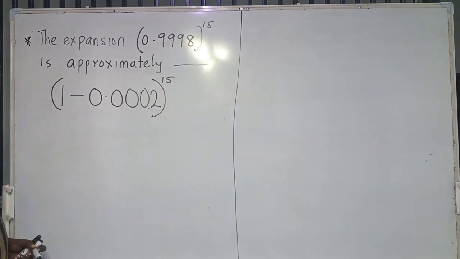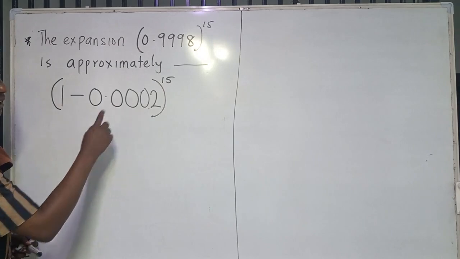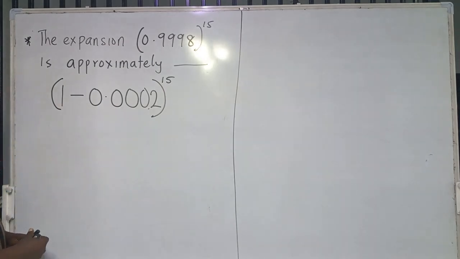Just to confirm it, take only the inside: 1 minus 0.0002 is 0.9998.